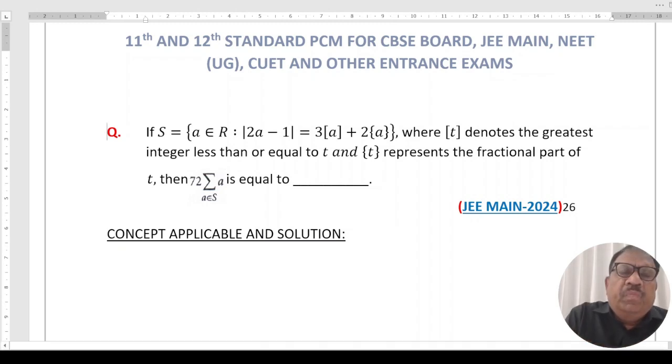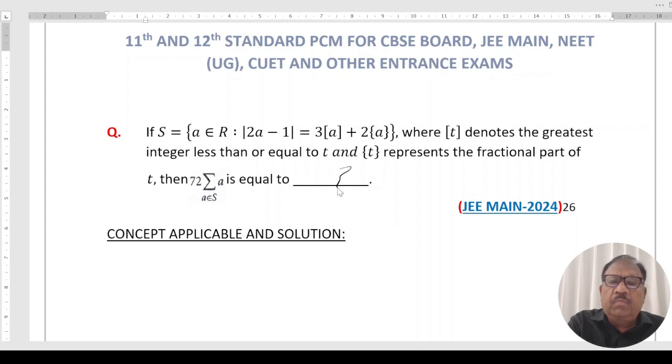Question: if S is a set of A belonging to R such that the modulus of 2A minus 1 equals 3 times the greatest integer function of A plus 2 times the fractional part function of A, then we have to find 72 times the summation of A for A belonging to S. Fill in the blanks.